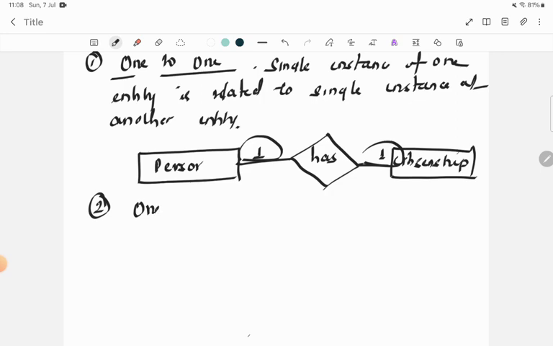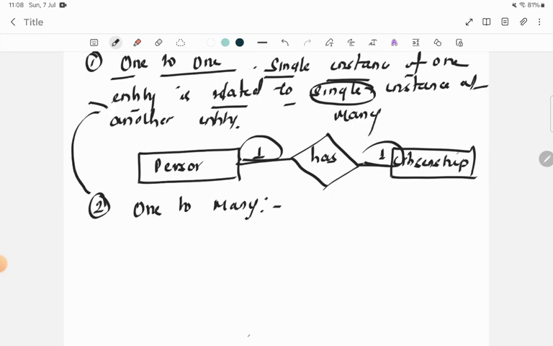Second one is 1 to many relationship. It means that a single instance of one entity is related to many instances of another entity.